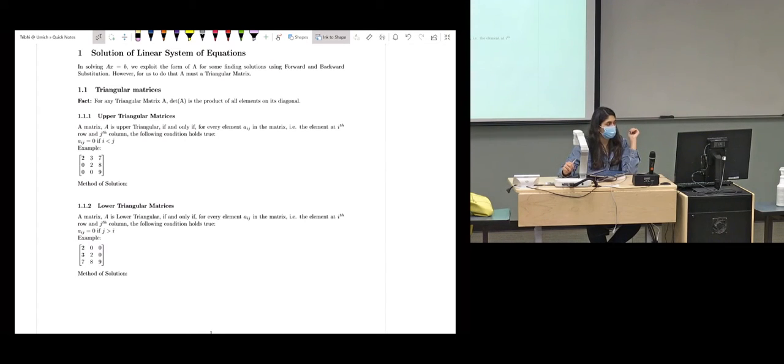If it forms a right-hand triangle in the upper part of your matrix, pictorially, something like this, you know that your matrix is indeed upper triangular. And similarly, if I was to do it for the lower part, it becomes something like this.